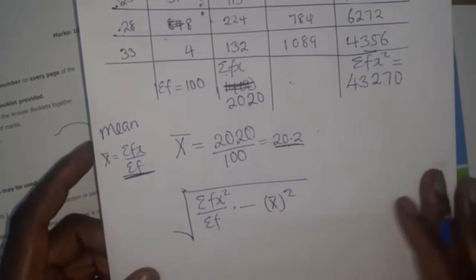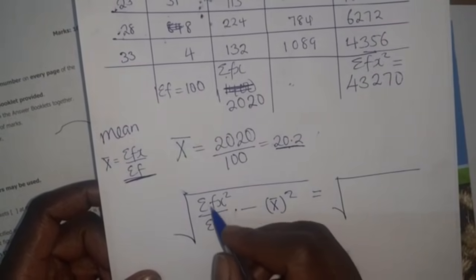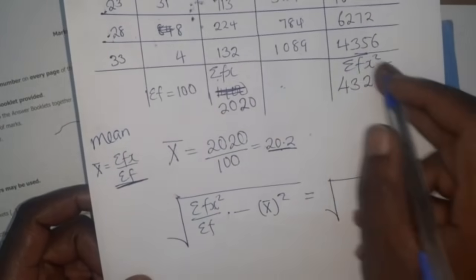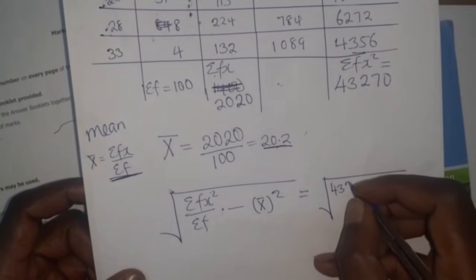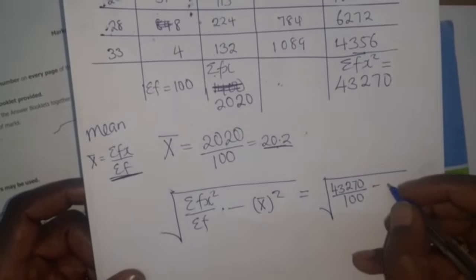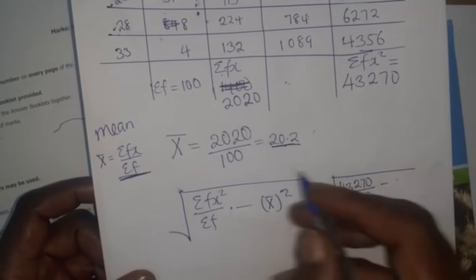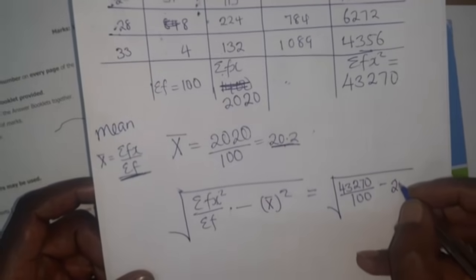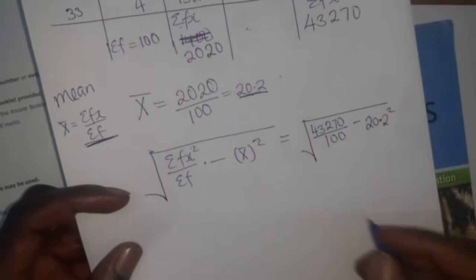After you have done this, the next thing you're supposed to do now, look, summation of fx squared is this number here. So you bring this number here, 43270 divided by 100 minus 20.2 squared. So you divide this one first.